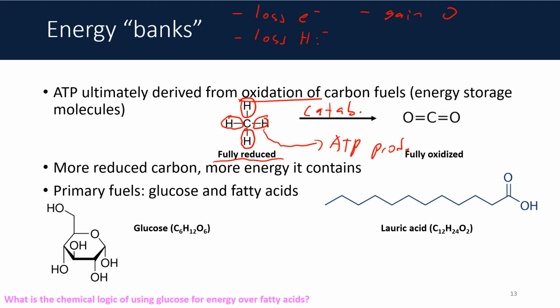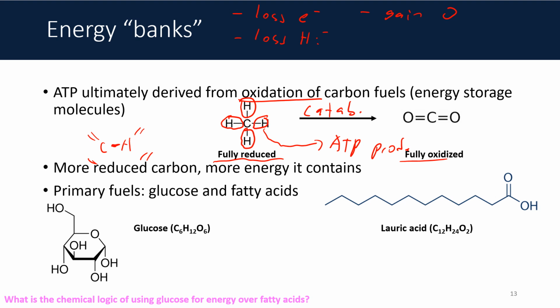And hence we go from something that is fully reduced like methane to something that is fully oxidized like CO2. So said another way, the more carbon-hydrogen bonds a molecule has, aka the more reduced it is, the more potential energy it contains. Likewise, fewer carbon-hydrogen bonds or more oxygens in that molecule will mean it has less energy.